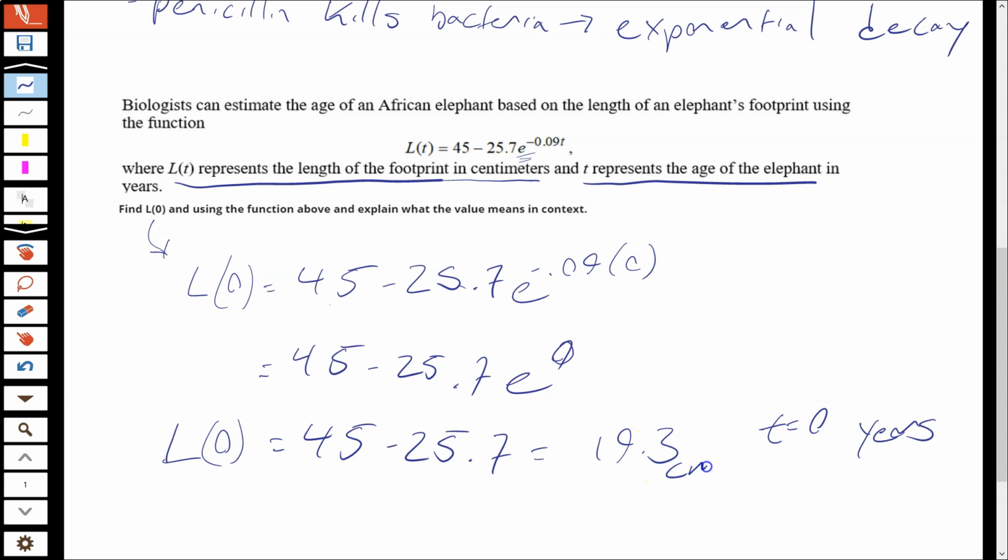So 19.3 centimeters. So really the only thing we need to think about is this 0 years part. And really what we're talking about is a 0-year-old elephant, which is a baby elephant. So a great answer here would be: a baby elephant makes a 19.3 centimeter footprint.